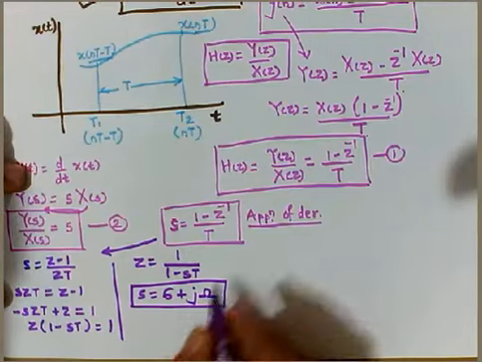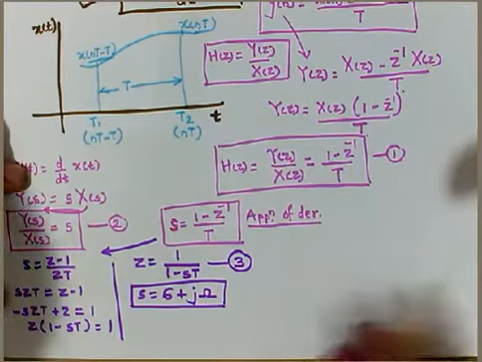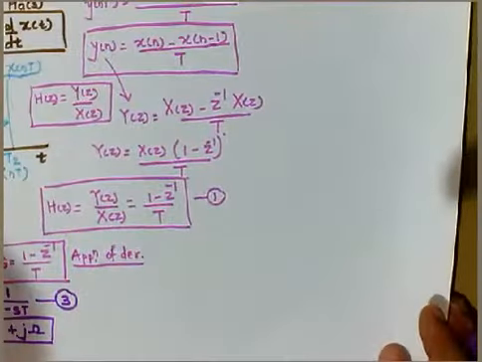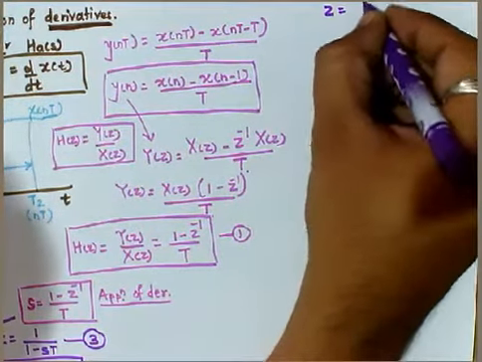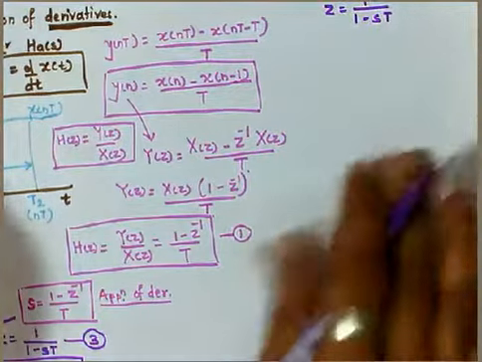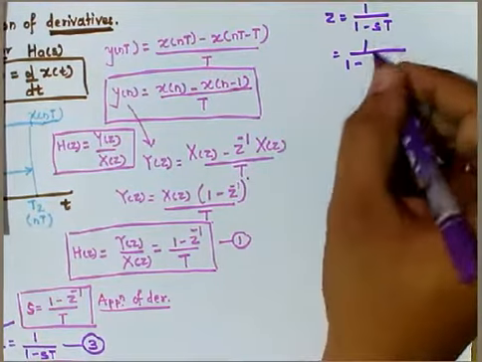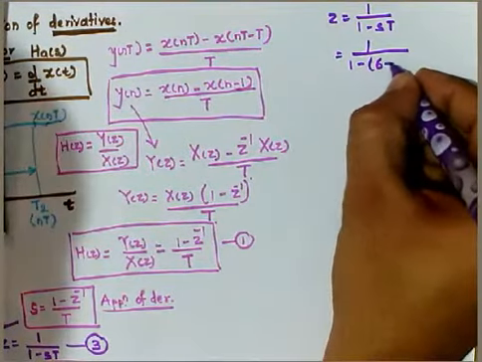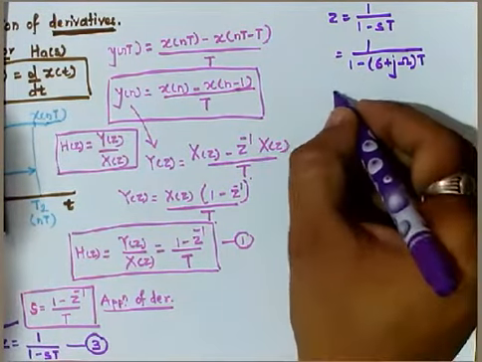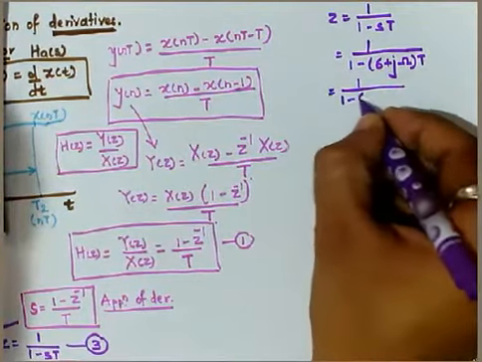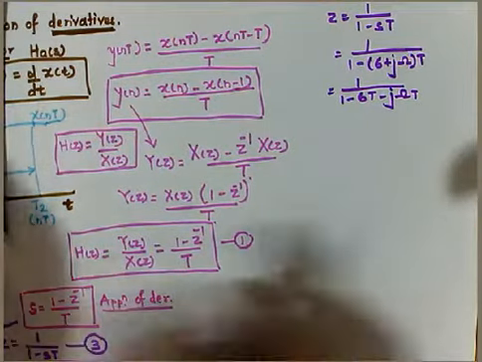Now when we replace this value of s in equation number 3, that is z is equal to 1 upon 1 minus sT, the equation we started with, s will be replaced over here: 1 upon 1 minus (sigma plus j omega) T. Now by readjusting it, 1 minus sigma T minus j omega T.